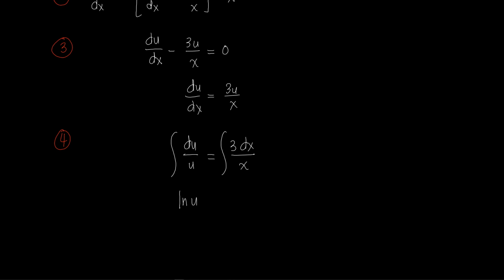Magiging ln u, ito, magiging 3 ln x plus ln c or ln k. Yung ginamit natin kanina, di ba? Ln k. Okay? Okay pa, so far, nahabol pa hanggang dyan na part.